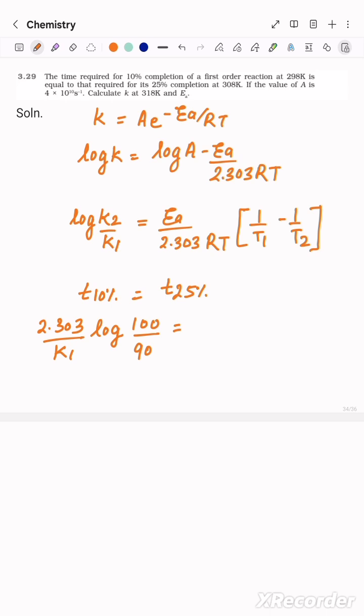Here where does 90 come from? If 10% is given, then total percent minus the reacted percent, that is 10%, is equal to 90% remaining. So from this we calculate, and here at time 25% we write 2.303 upon K2 log 100 upon 75.